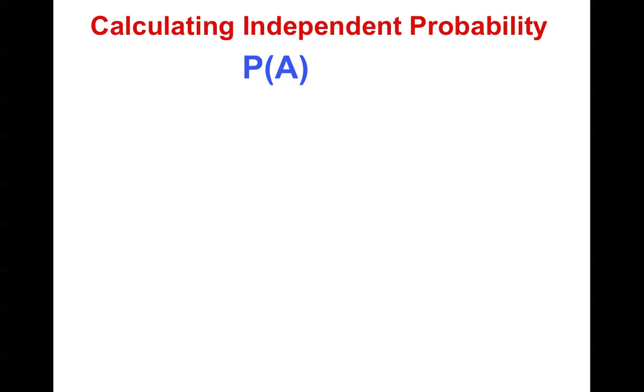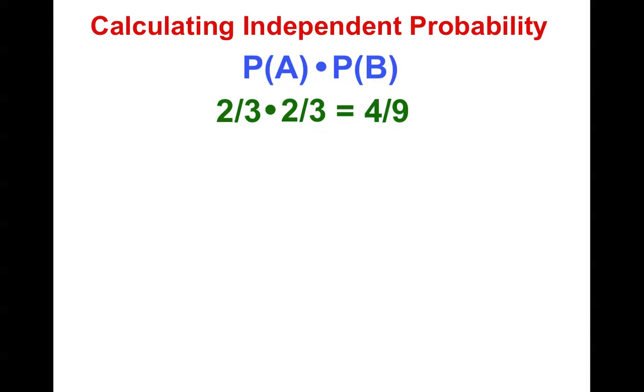The probability of event A was 2 out of 3, and the probability of event B was also 2 out of 3 because it did not change. We asked the students, what do you do with these 2 probabilities? And they said you multiply them together. 2 times 2 is 4, 3 times 3 is 9, and we get 4/9 as the probability of choosing 2 green marbles back to back.